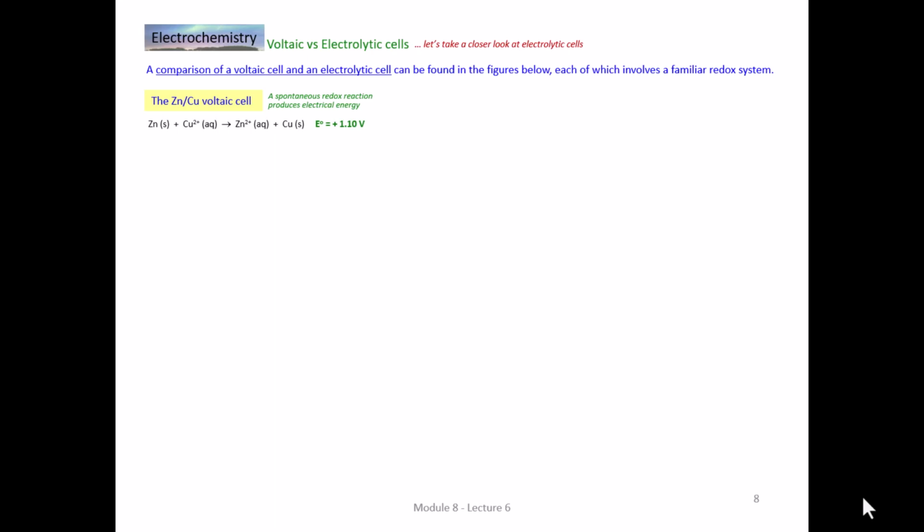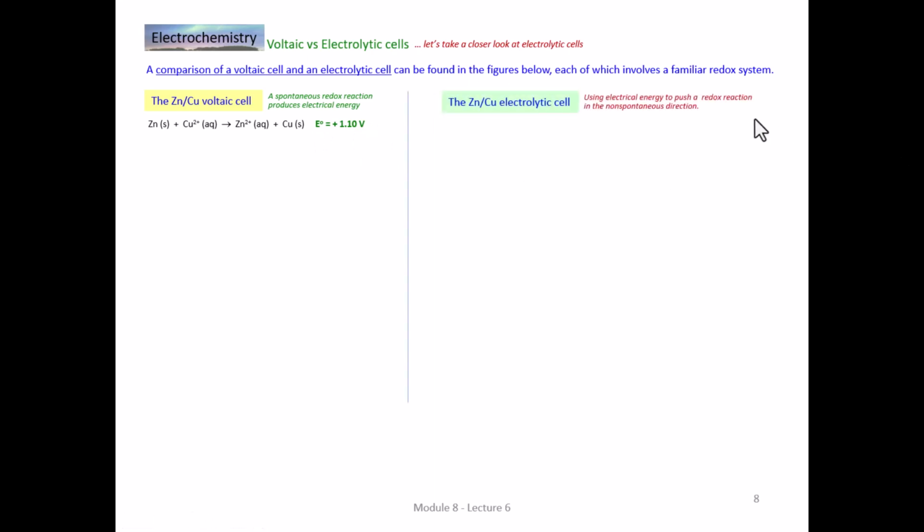And that redox reaction, which I continue to say we've over-talked about, but it's a great reaction to use as an example, is where zinc metal is oxidized by copper 2+ ions to produce zinc ions and copper metal. This reaction is spontaneous by plus 1.1 volts. That's why we can use it in the voltaic cell.